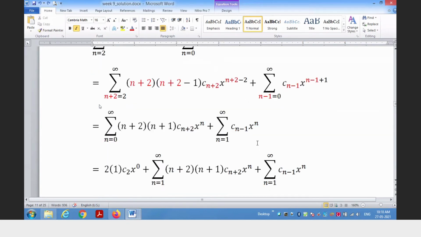For the second summation, you bring minus 1 to the right-hand side, so n equals 1, then c_(n-1), and x^((n-1)+1) will be x to the power of n. Now the powers are the same in both summations, x to the power of n. But we cannot combine yet.